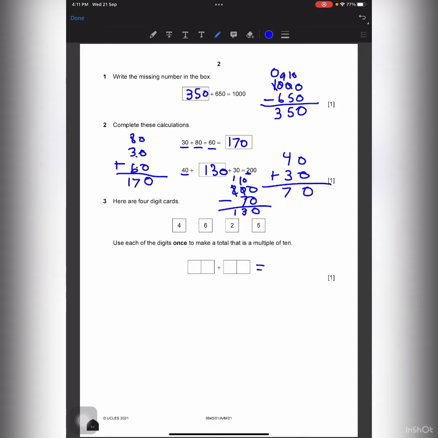So any number that has a 0 at the end is a multiple of 10. So what we can do is let's start. We can make it like a question. So we're going to make these boxes and we have to make it a multiple of 10.